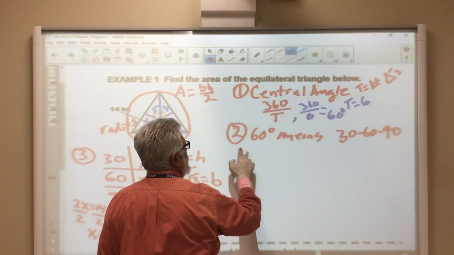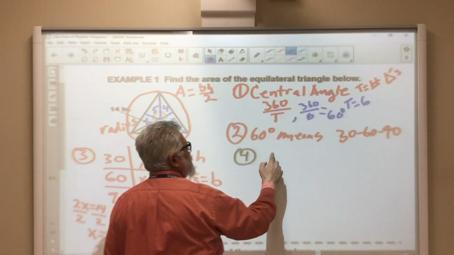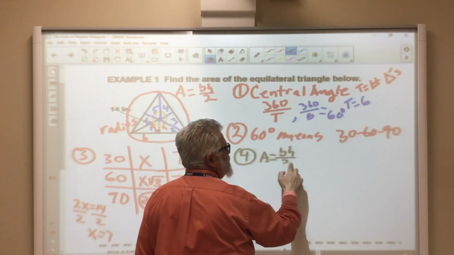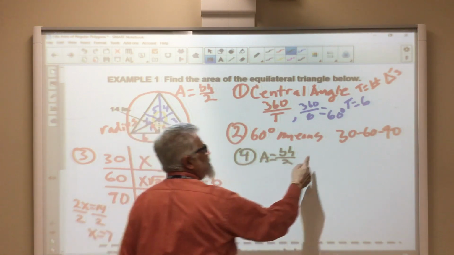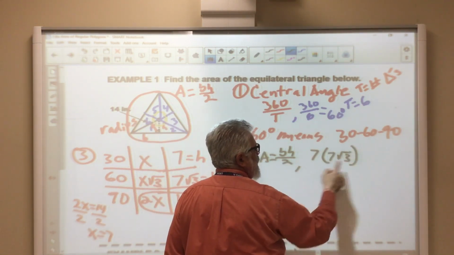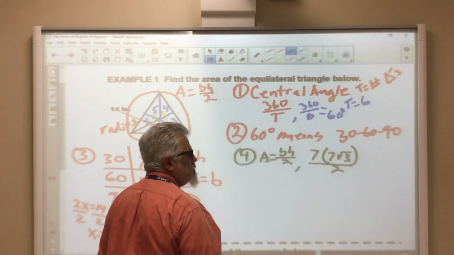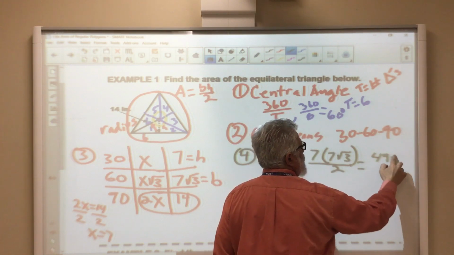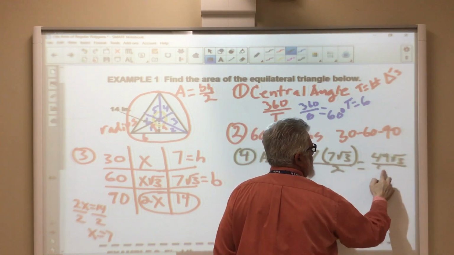So on my step 4, I'm going to use my area equals base times height divided by 2, which in this case is going to be 7 times 7 square root of 3 divided by 2. And that will be 49 square root of 3 divided by 2.